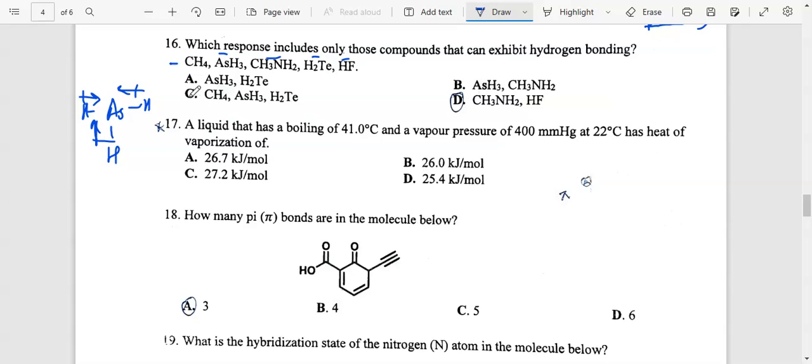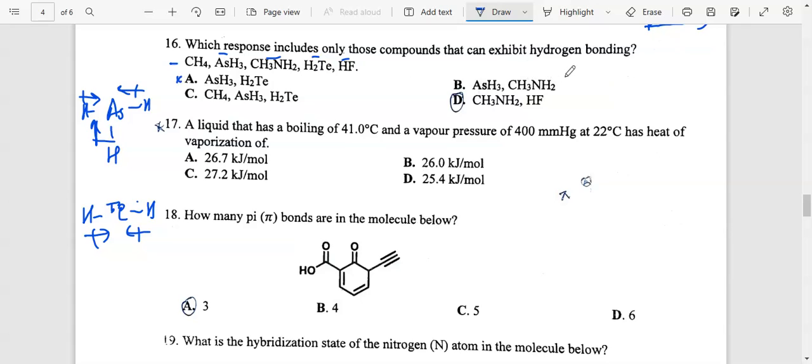But if you look at H2Te, we're going to have Te, then you are going to have H this side and H this side. So these two H's, their dipoles are going to cancel each other. So this is not going to be polar.